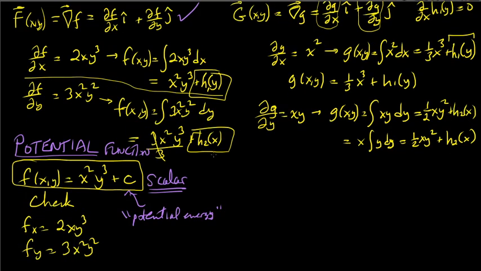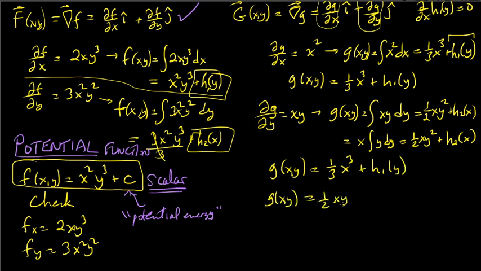So there it is. We have our potential function. It's 1/3 x cubed plus some function that's only y. And it has to be 1/2 xy squared plus some function that's only a function of x. So can we do this?